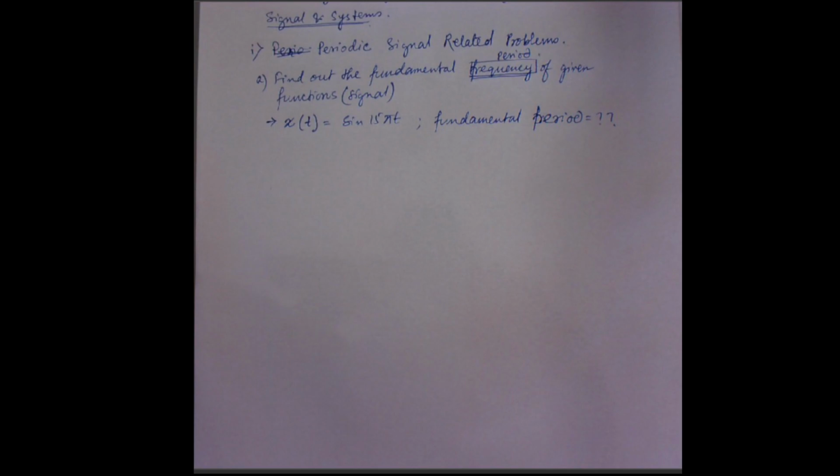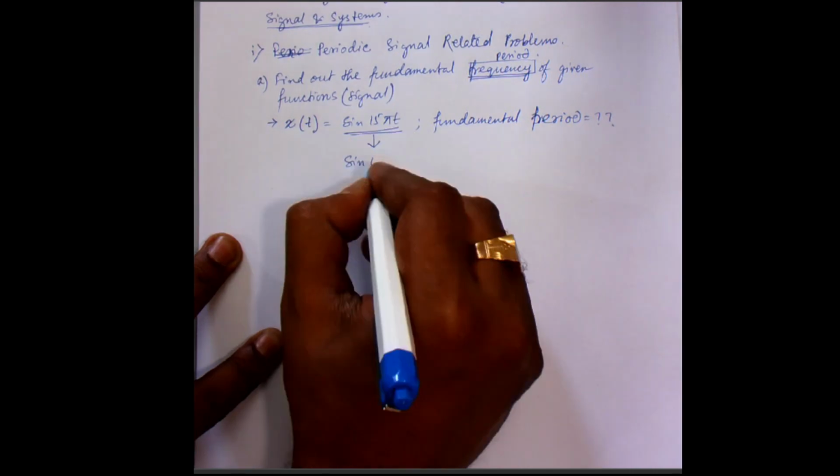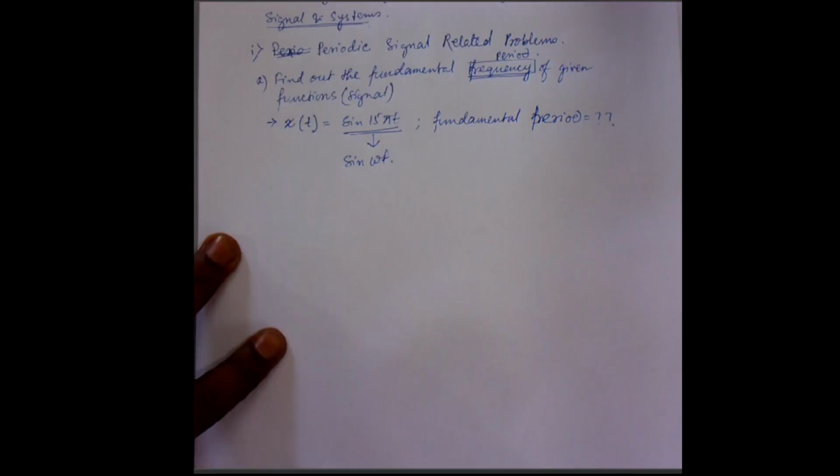You all know that sin 15 pi t is nothing but the representation of sin omega t, and omega equals 2 pi f.